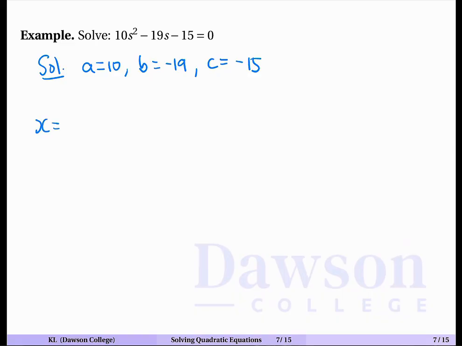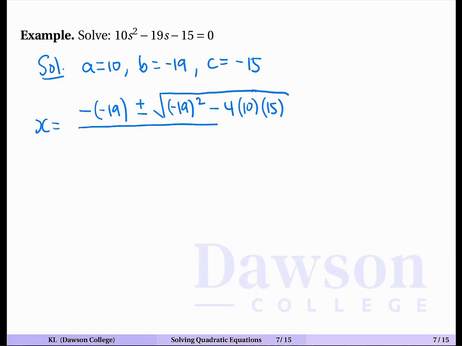So x equals negative b, that's negative of negative 19, plus or minus square root of negative 19 squared, minus 4 times 10 times negative 15, all over 2 times 10.